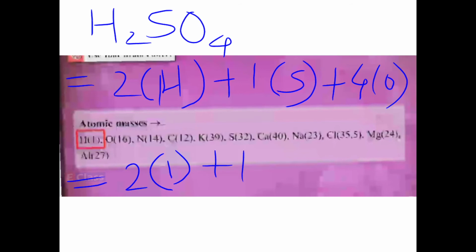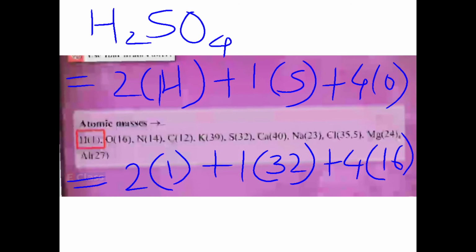And of sulfur, 32. And of oxygen, 16. Right? So what I did, first step, write down how many atoms of each constituent are there. Thereafter, next step, you are going to write down the atomic masses of it.